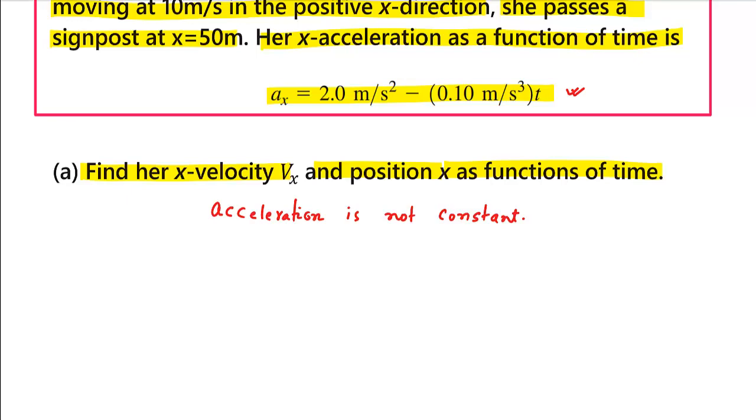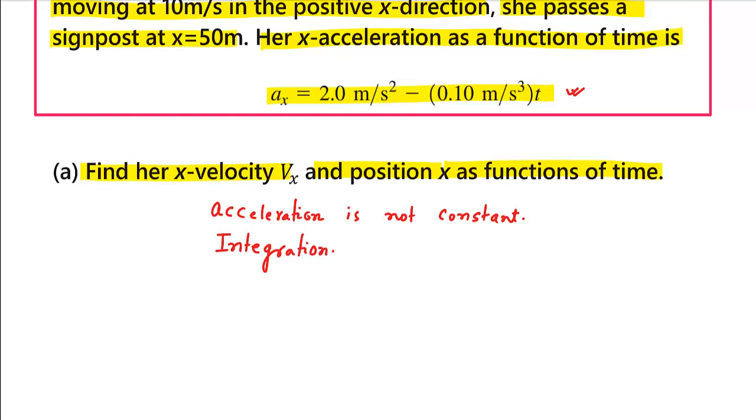In this case, the constant acceleration formulas are not valid. We cannot use them. So we have to solve this problem using integration.